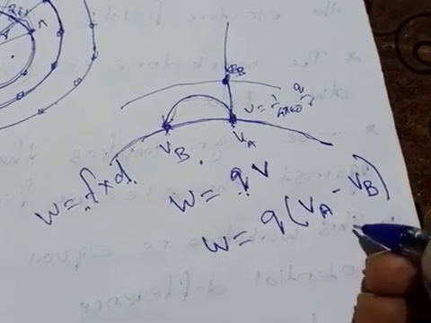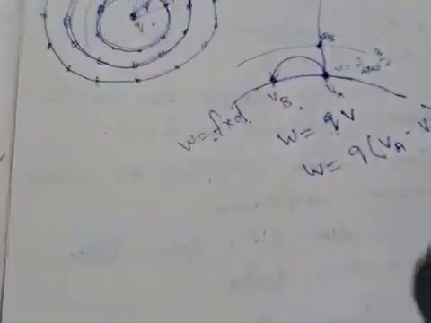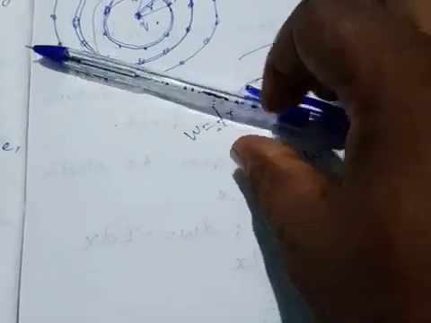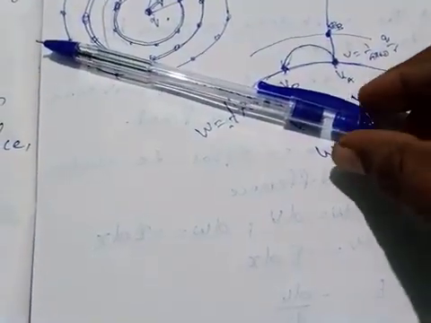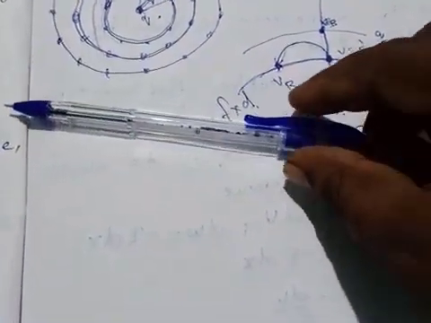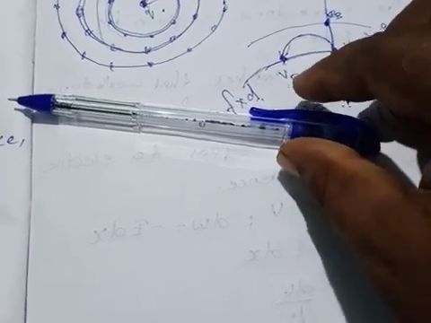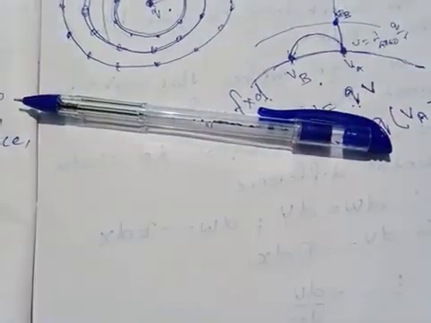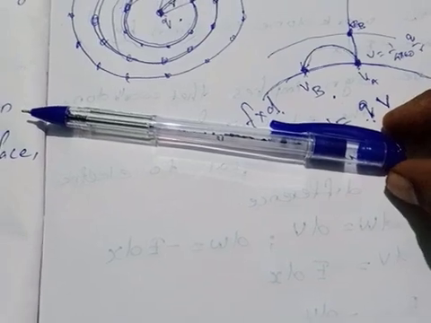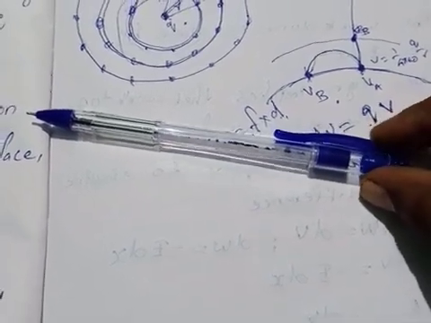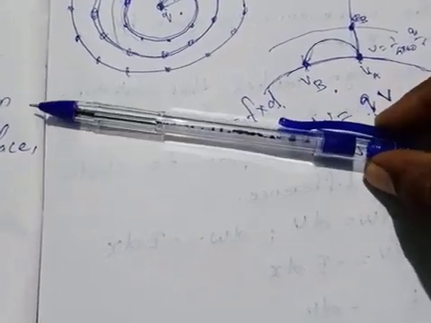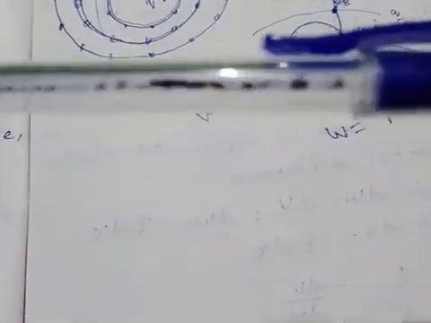This is why I am writing here. Assume that a pen is here. Now the pen is having 25 joule of energy. Now I am lifting this pen from this position to this position.